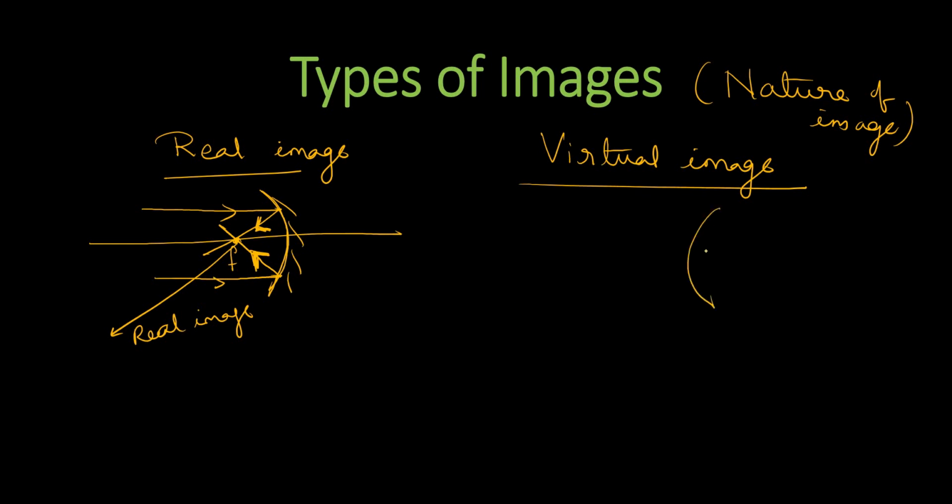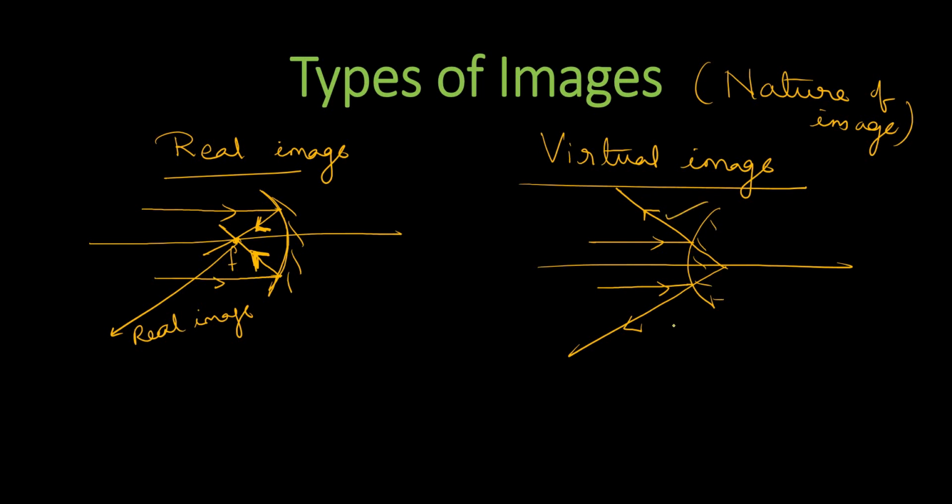And what is a virtual image? A virtual image is an image which is formed without actual intersection of reflected or refracted light rays. Say, for example, in case of a convex mirror, when a parallel beam of light rays is incident, the reflected rays are divergent, but it appears as if the diverged rays have started from somewhere inside the mirror, and that is the location where the image is formed.